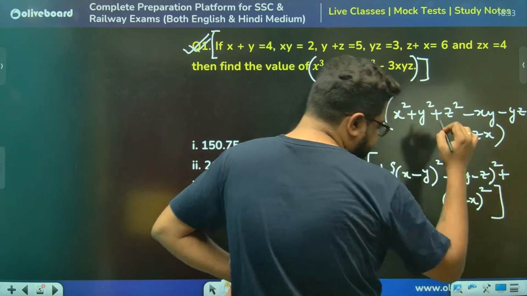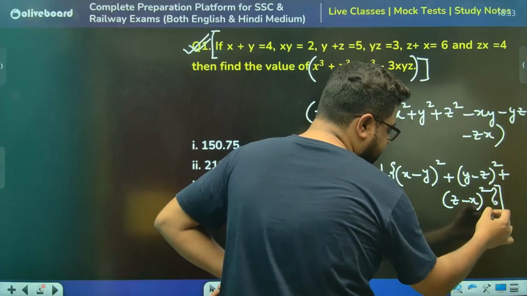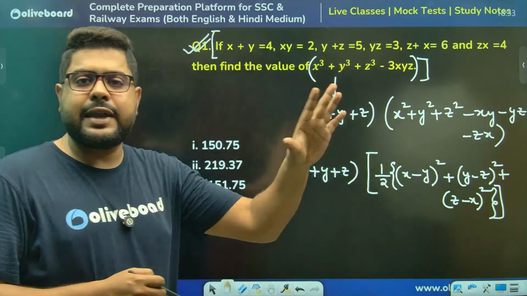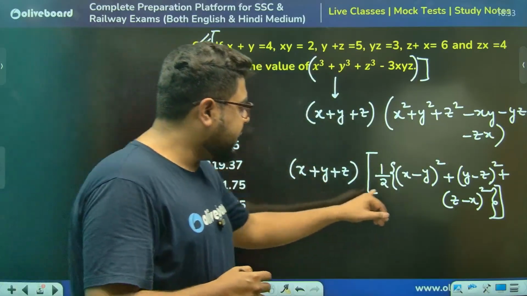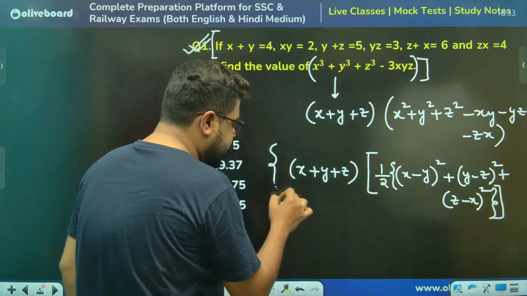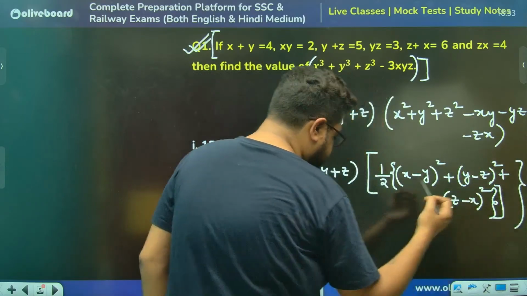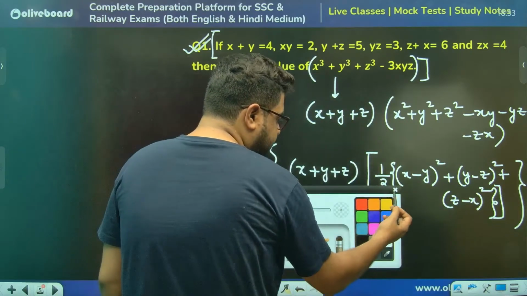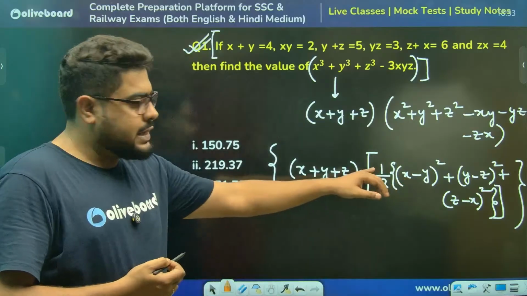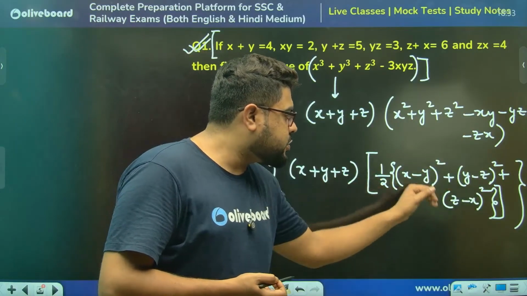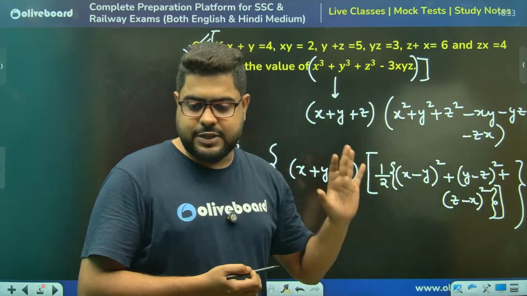Now, whichever form you use, you will need to do one thing. If I go with this one, I need (x minus y) whole square, (y minus z) whole square, (z minus x) whole square.